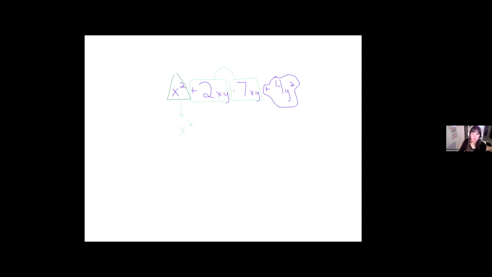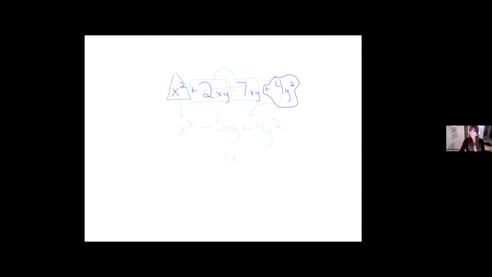That's going to get us in negative number territory because the 2 comes before. So that will give us a negative 5xy. We got those. That leaves us with this. We just pull it on down with that plus sign, plus 4y2.